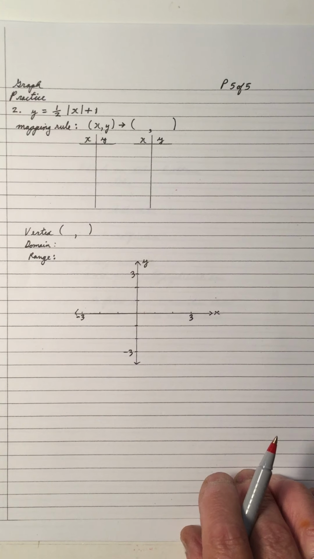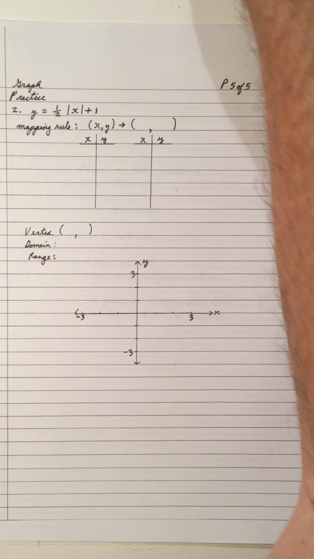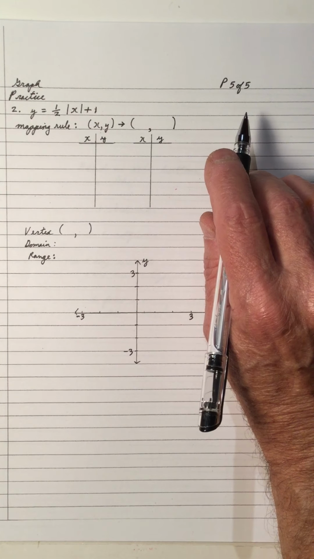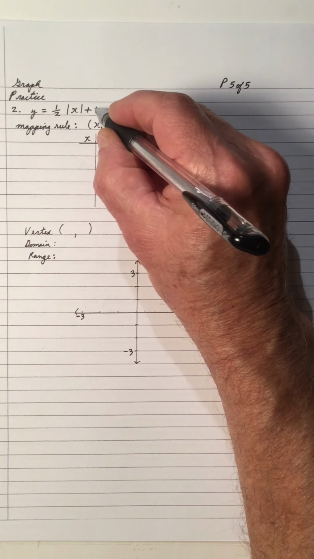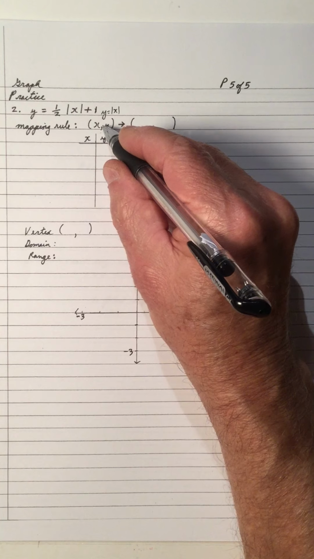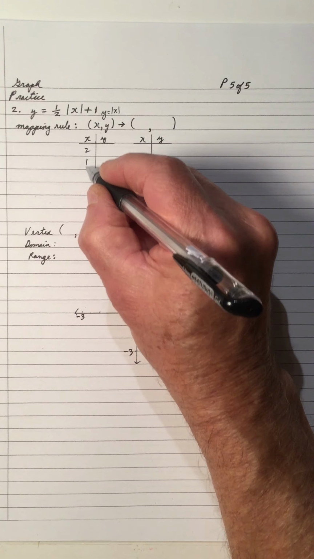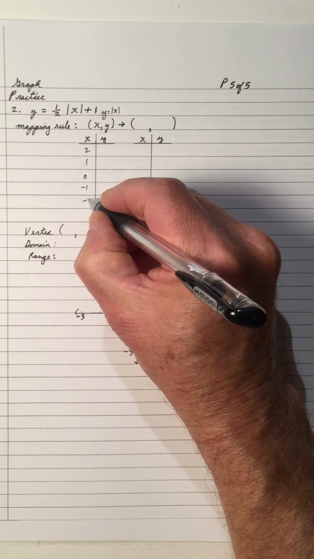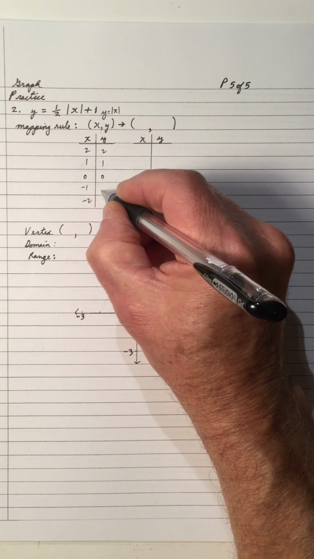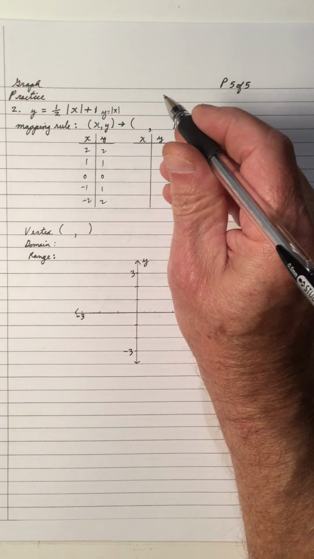Okay. And the last one to do, y equals half absolute value of x plus 1. Again, y equals the absolute value of x is the basic. So that's 2, 1, 0, negative 1, negative 2. The absolute value of these numbers is 2, 1, 0, 1, 2.